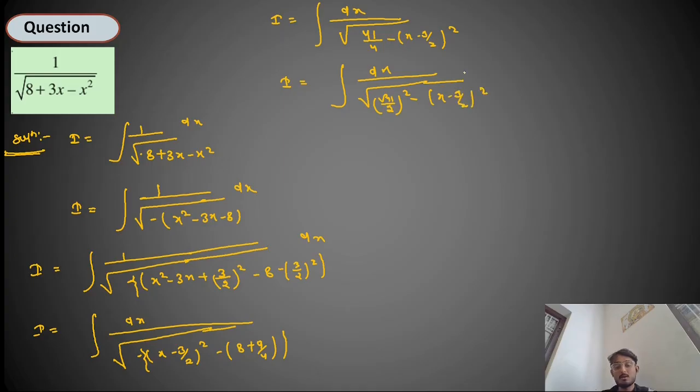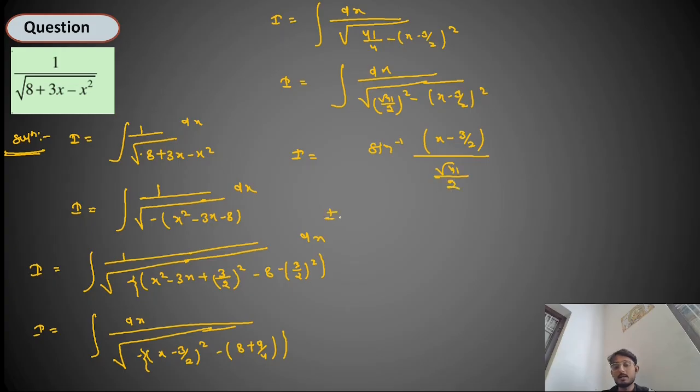So we will get the form a square minus x square, which gives a term of sine inverse. You can write it as sine inverse of x upon a, that is sine inverse of x upon a, root 41 by 2.